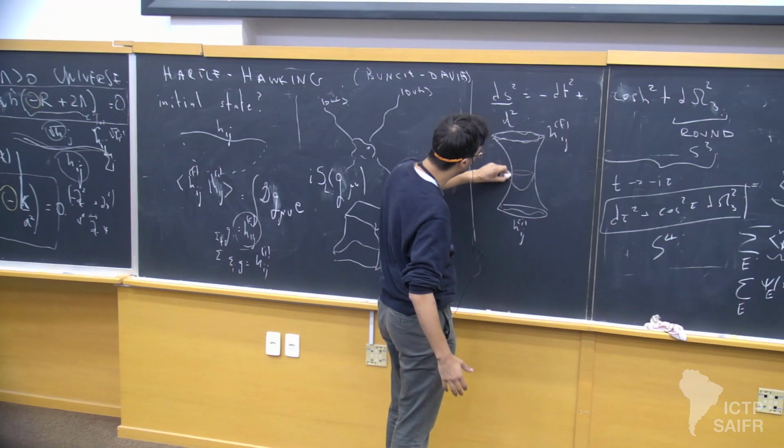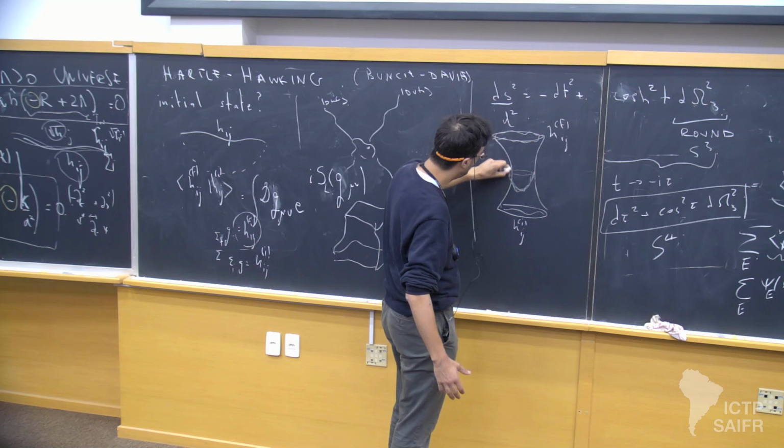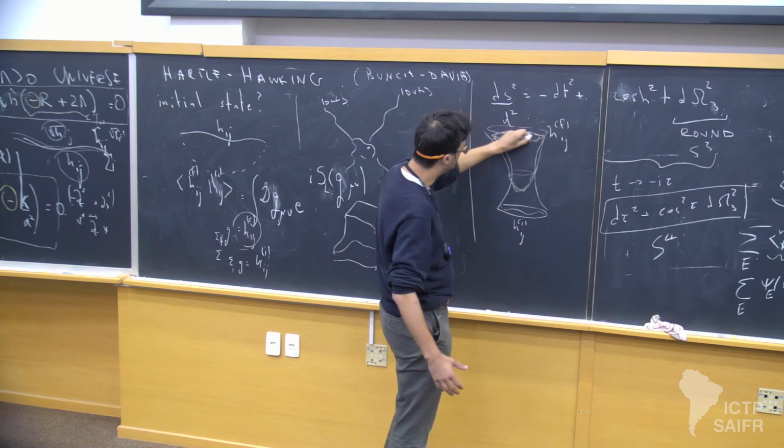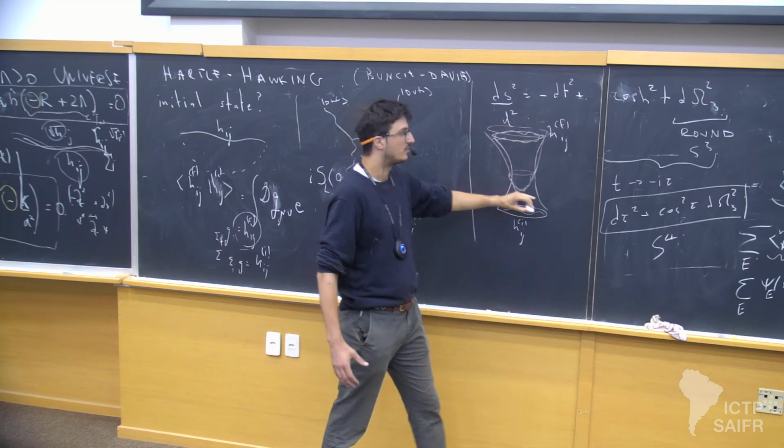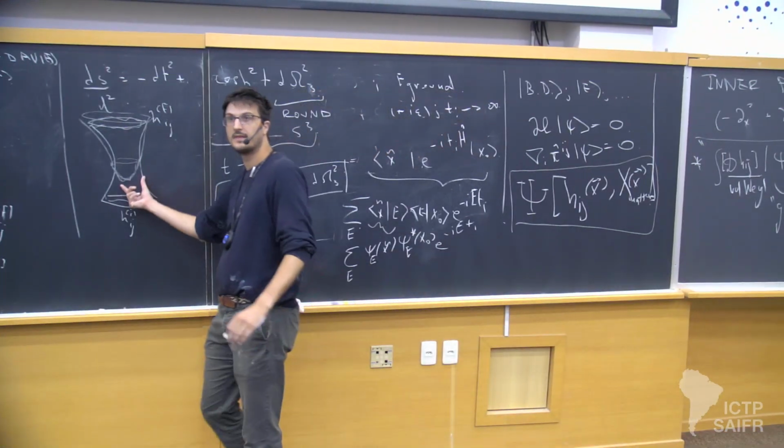And they said, well, maybe we should require that there's no singular contributions from the path integral in this portion over here. And so they imagined that what replaces the condition of the Euclidean past over here is a smoothness condition, yeah?